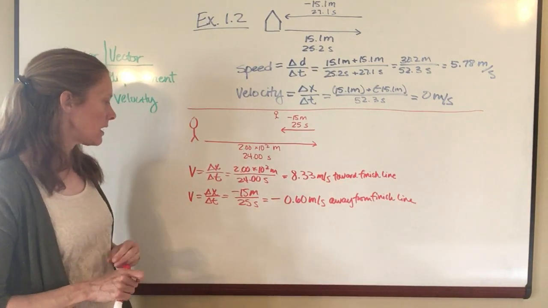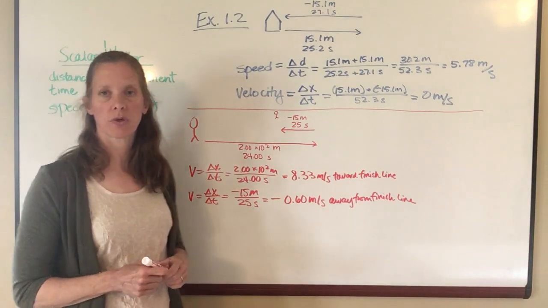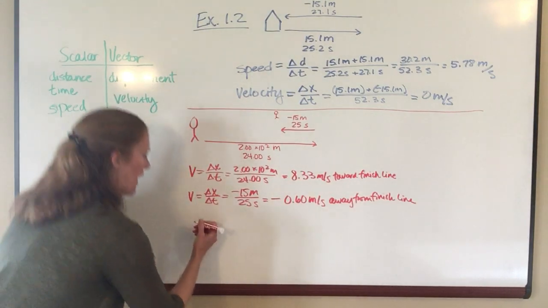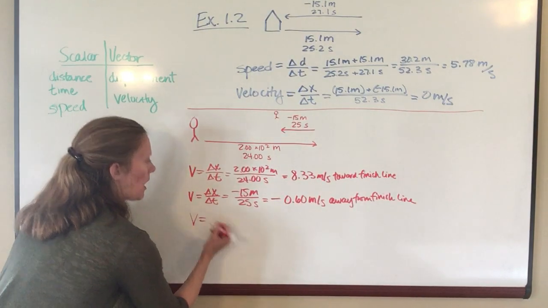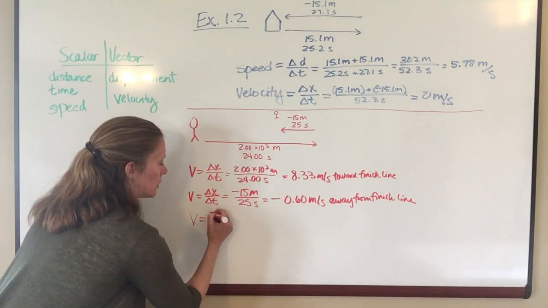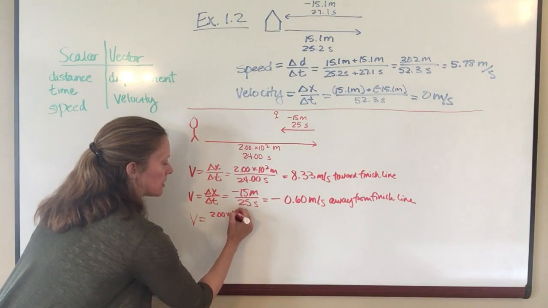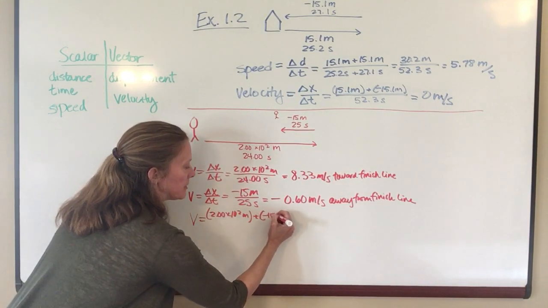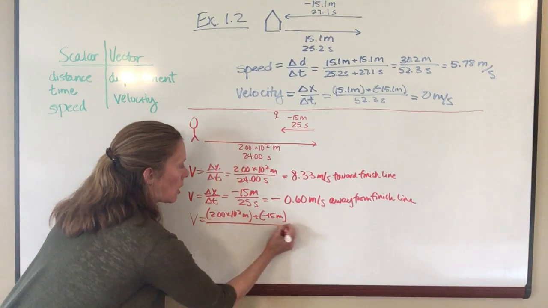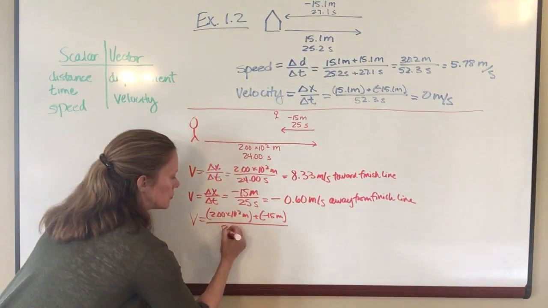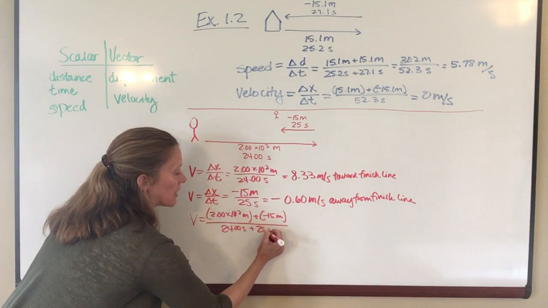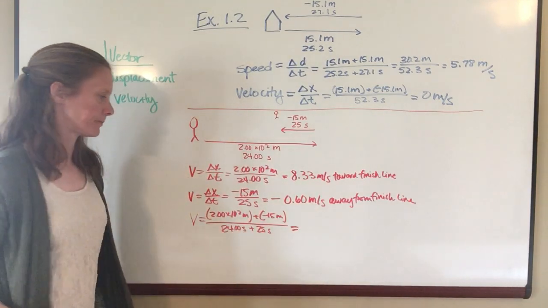Then finally, it's asking me for the velocity over his entire trip. So when I do that, I'm going to have 2.00 times 10 to the second meters plus a negative 15 meters over 24 seconds for the first half of the trip plus 25 seconds for the last half of the trip.